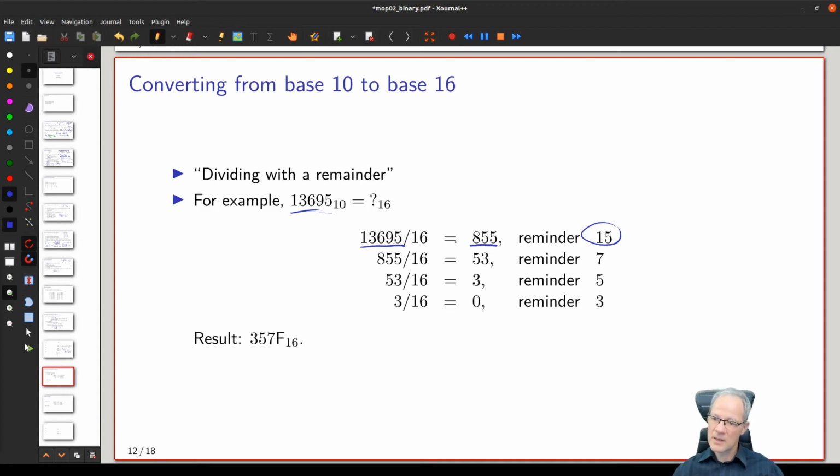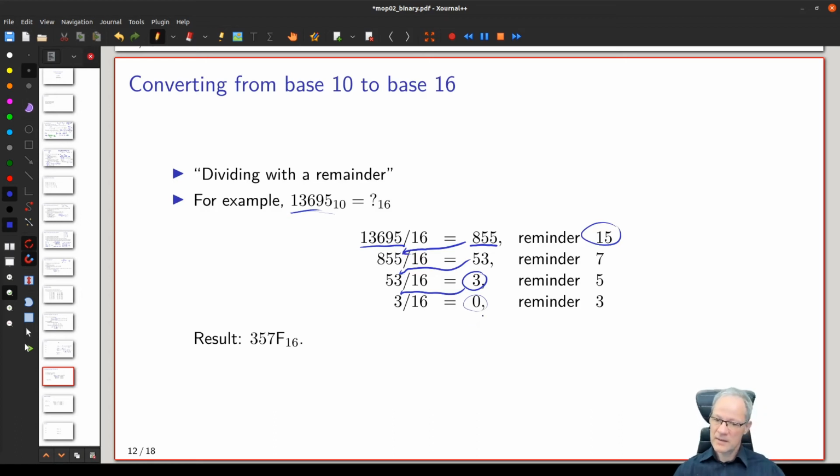Okay. Then we take this result and we divide this guy with 16 again. We get the new remainder. Then we take this guy and we divide by 16 again. And then this guy and try to divide it by 16 again and get the remainder and the result, until the result is 0. So when the result is 0, it means that there is no more sense for us to keep the division, right?